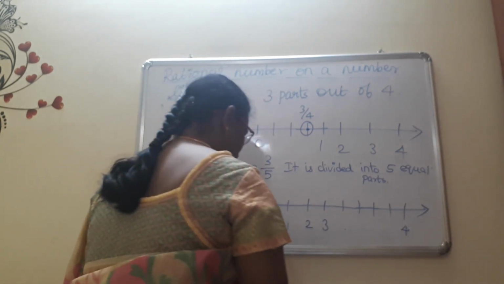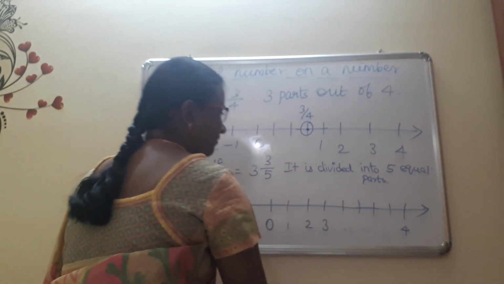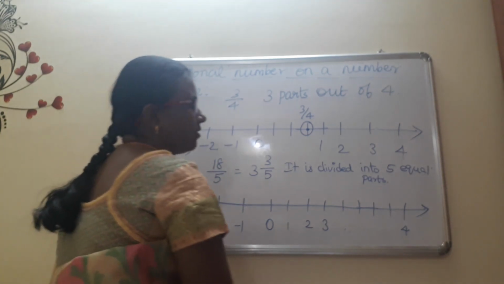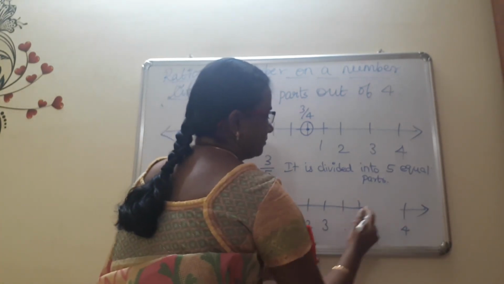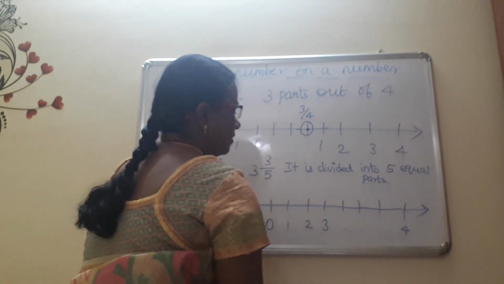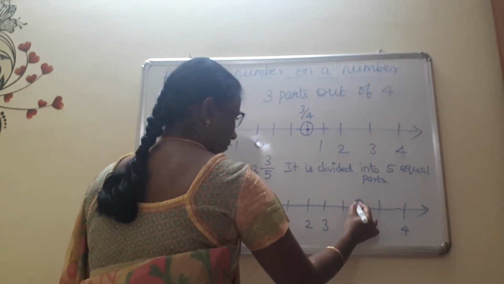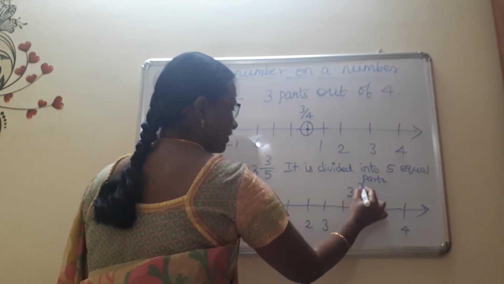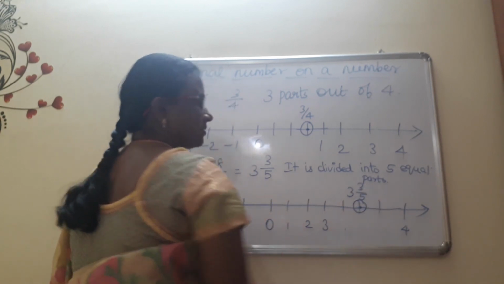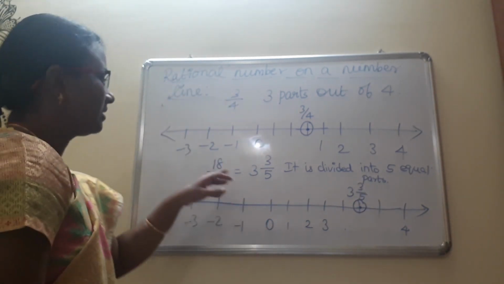So where do we have to find this? So 1, 2, 3. So this is 3 3 by 5. So 18 by 5.